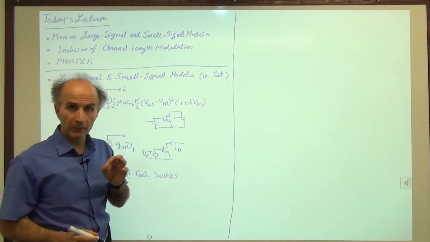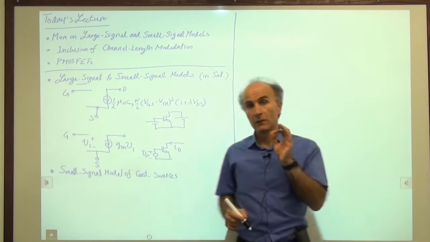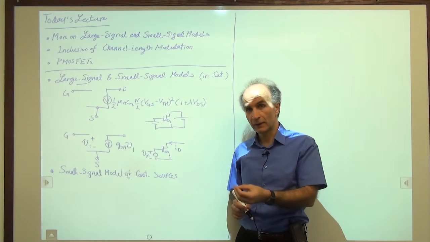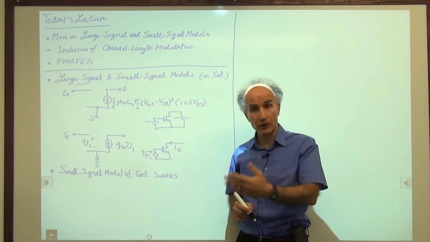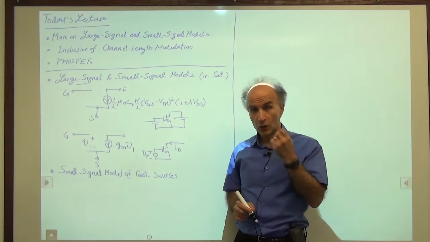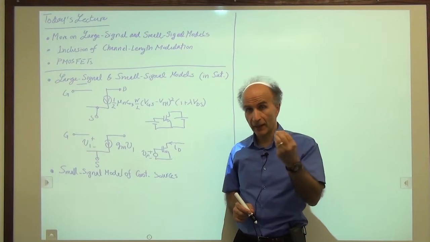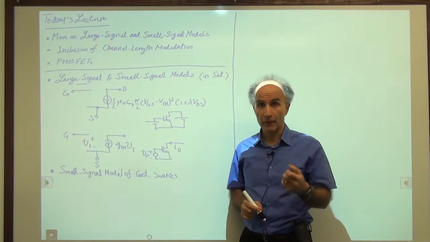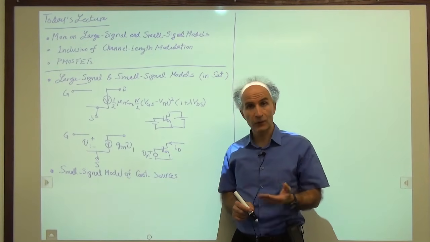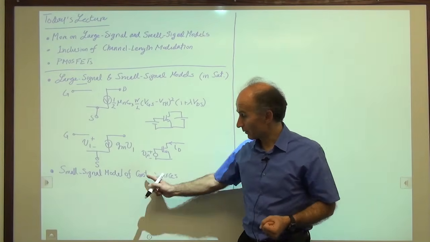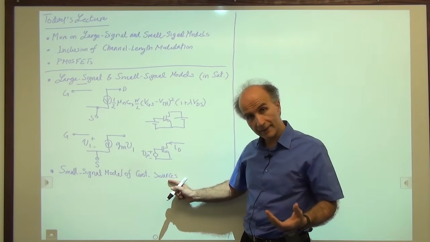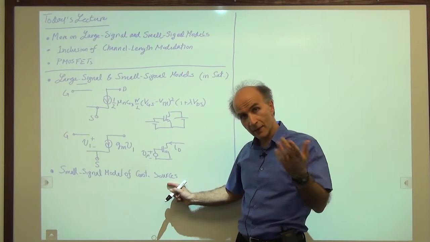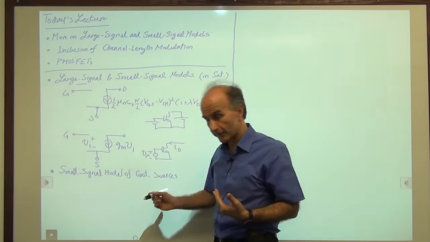Well, you have got to remember that a small signal model represents time-varying quantities, time-varying voltages, time-varying currents. So if a quantity does not vary with time, it means its time change is 0. And if it is 0, in the small signal model, it's set to 0. So in the small signal model, any source that is constant with time, meaning its change with time is 0, has a 0 value in the small signal model.